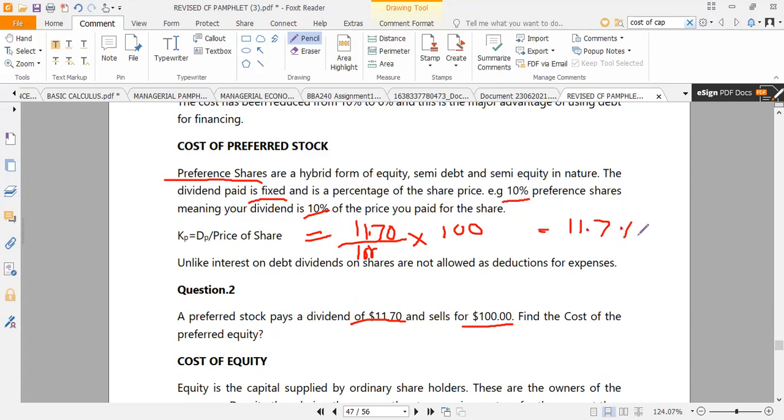So this is how we calculate the cost of preferred stock. So I'm pointing you to what is called WACC, which is the weighted average cost of capital. But before we go there, you need to understand each of these constituents. These are key and vital.